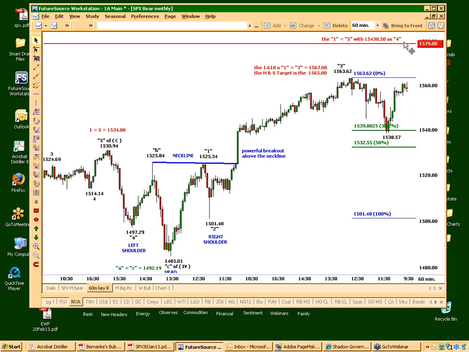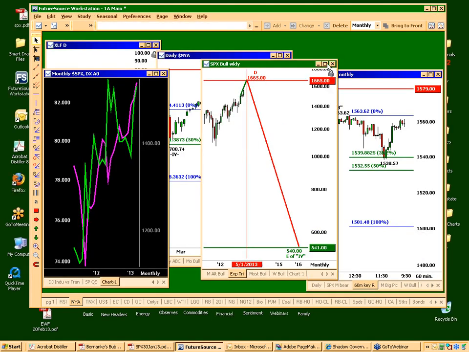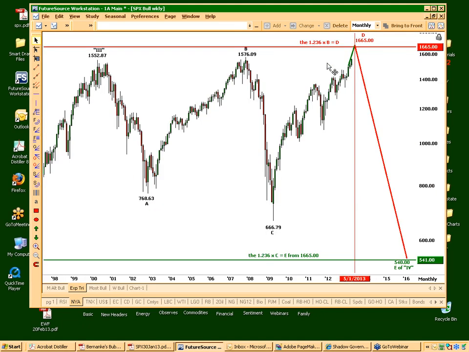There's a whole bunch of stuff overhead, 1580, 1590. That suggests even if we're going higher than that, intermediate term, we're likely to suffer a serious pullback from that 1580, 1590.